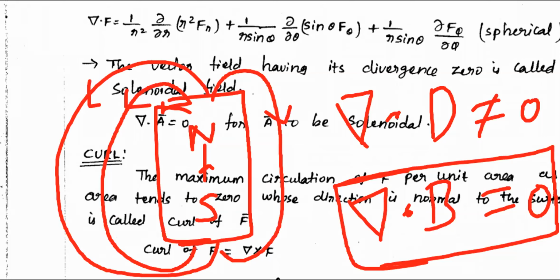What is actually happening? Two fluxes are entering and two fluxes are leaving. What is the effectiveness? Finally, del dot B is 0 only. You put your imaginary sphere anywhere, definitely your del dot B will be 0 only.